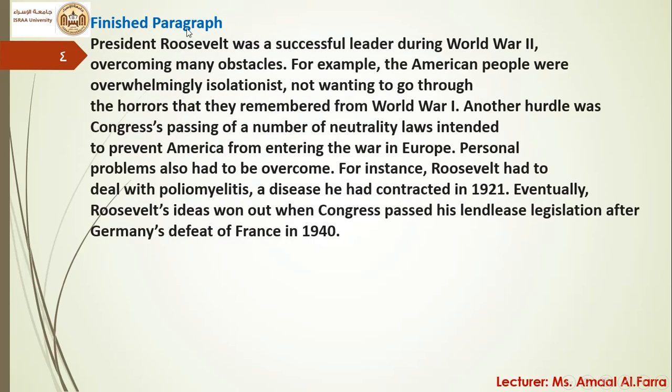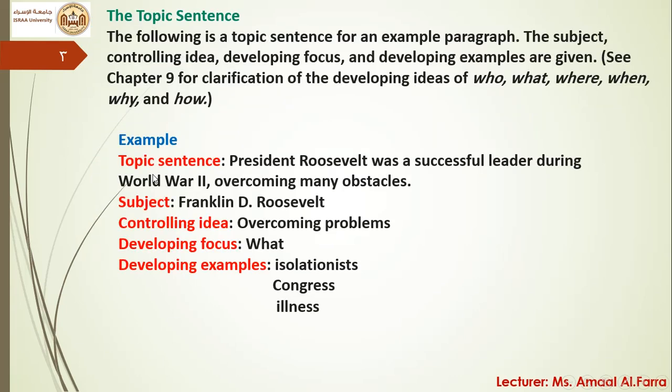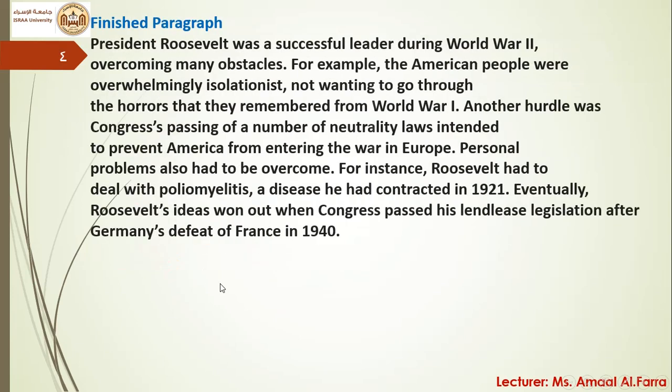Now, this is a finished paragraph of the previous outline. This is the outline, okay? And now, this is the finished paragraph. President Roosevelt was a successful leader during World War II, overcoming many obstacles. This is the topic sentence with its two parts. The topic, which is President Roosevelt, and the controlling idea, which is overcoming many obstacles.